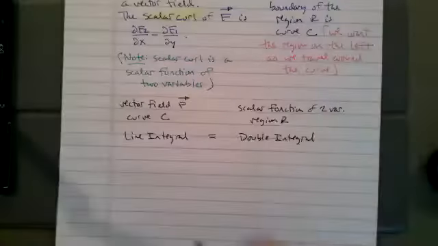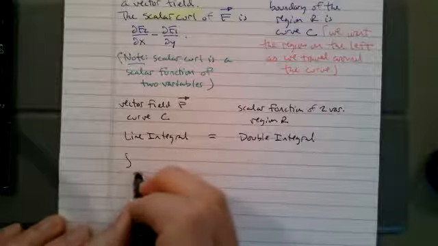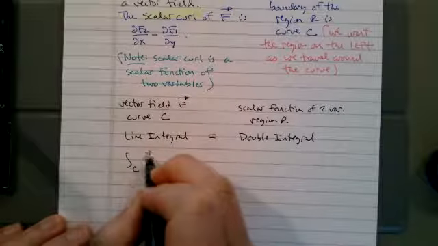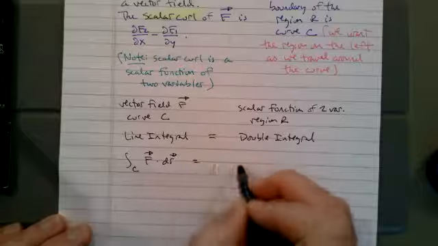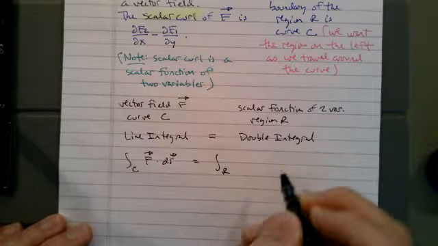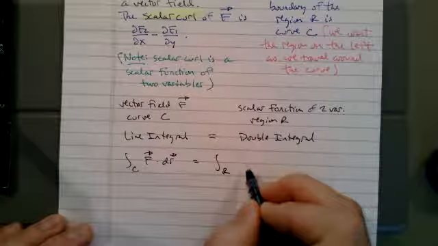So what we have is that the line integral of the vector field dot dr will be equal to the double integral over the region of the scalar curl.